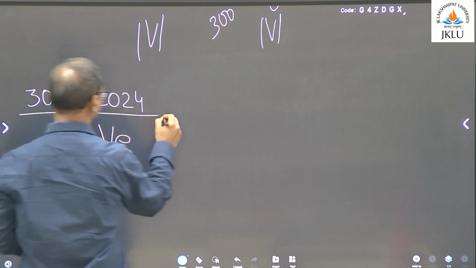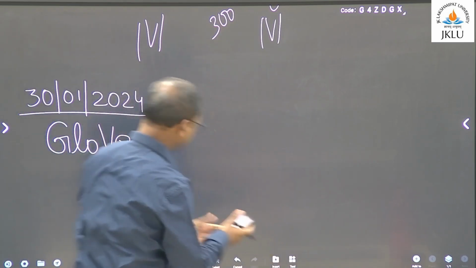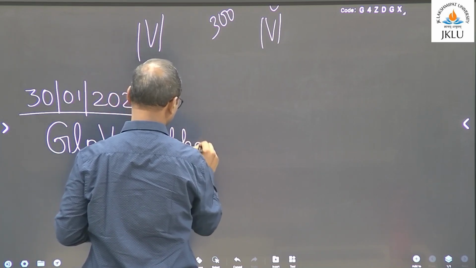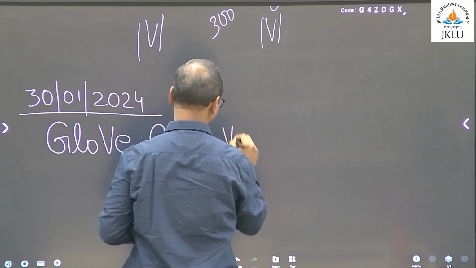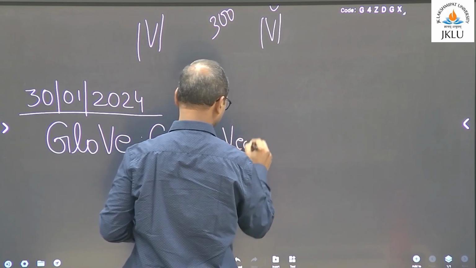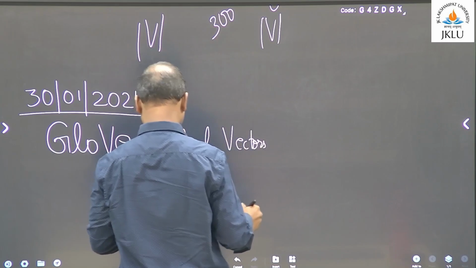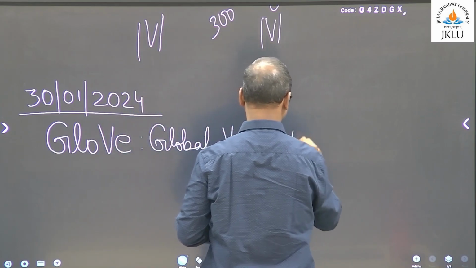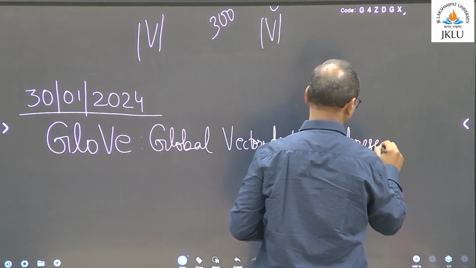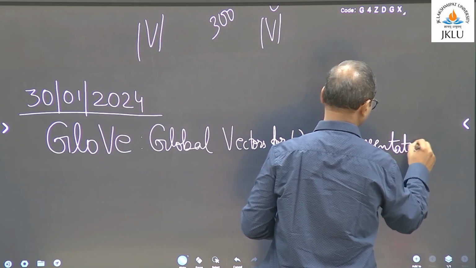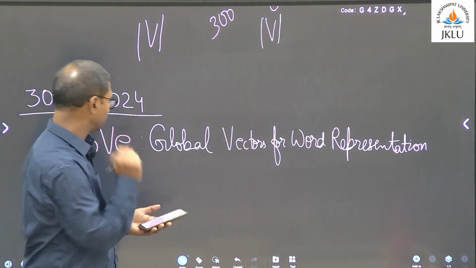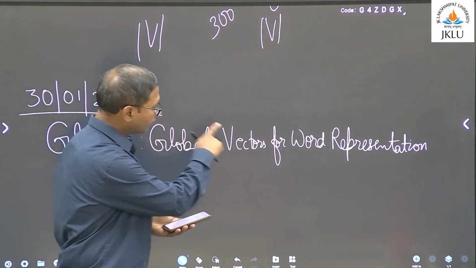Okay, so today we are going to talk about GloVe, global vectors for word representation.